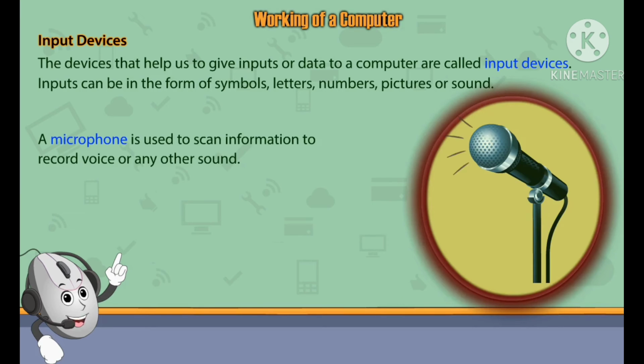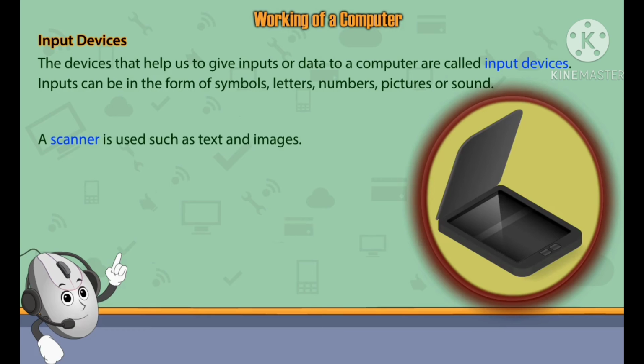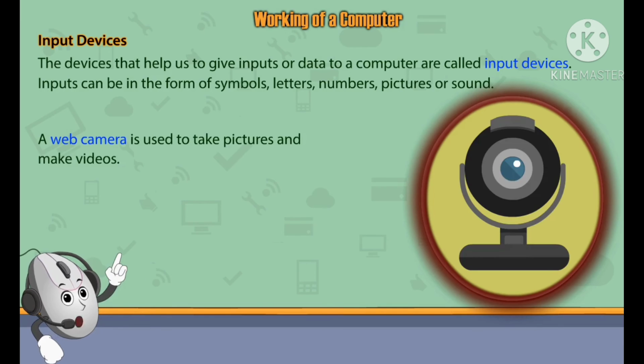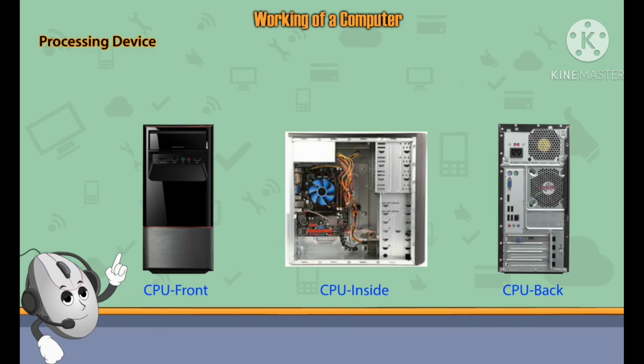A microphone is used to record voice or any other sound. A scanner is used to scan information such as text and images. A joystick is used to play games. A web camera is used to take pictures and make videos.